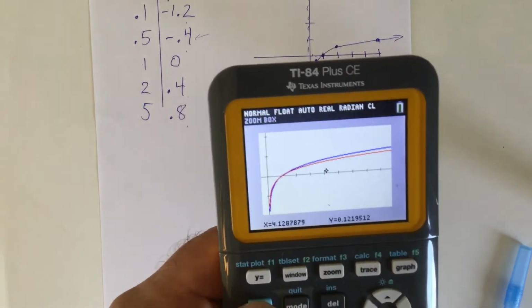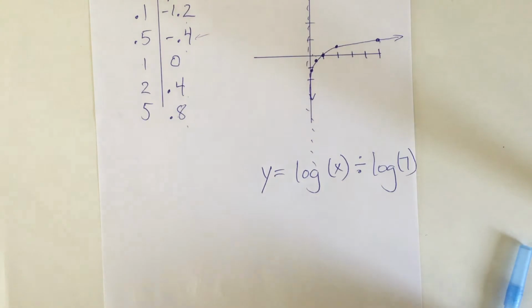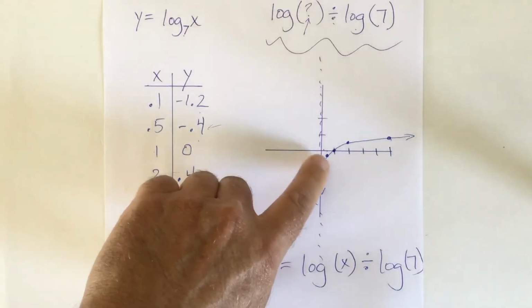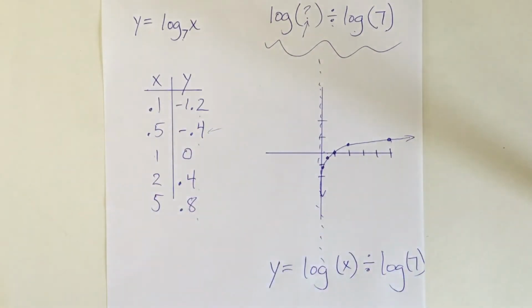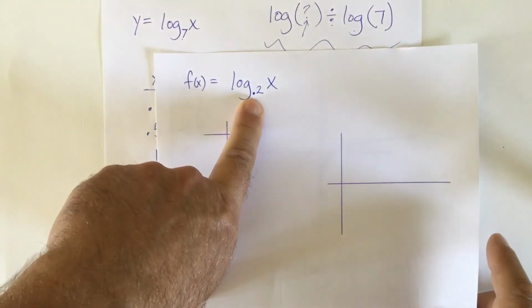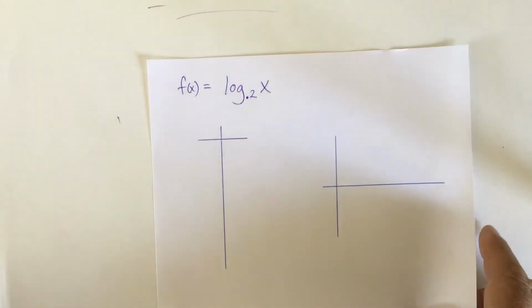Now, I'm going to turn this off and get this out of my way for a second. Not all log graphs do this. I'm going to show you what happens when I have this type of base. Let's just look at this type of base. So here we go.